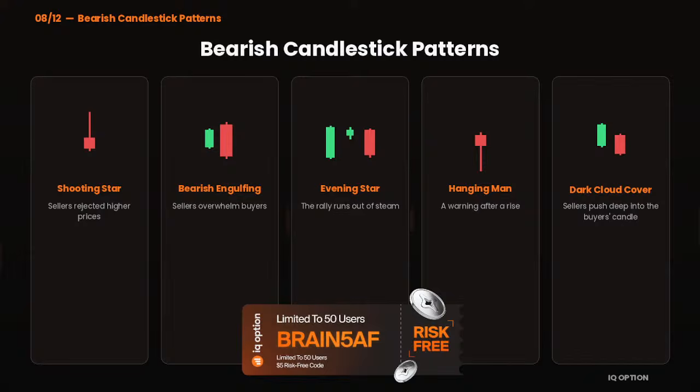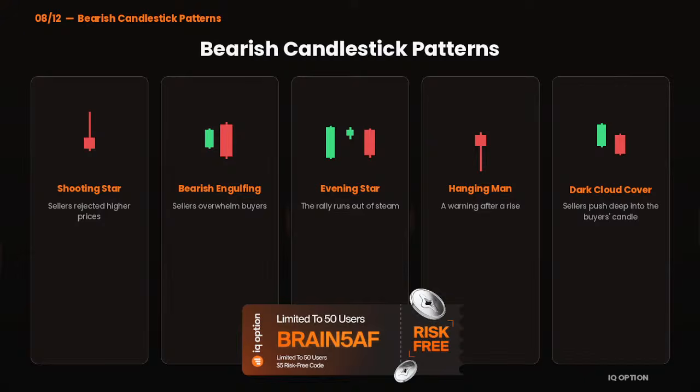So just like we can see, as I have already told you, it is just the mirror of the bullish patterns. So the dark cloud cover is a green candle followed by a red candle, the opposite of what we talked about before. It is a green candle followed by a red candle that opens even higher, but then pushes down and closes more than halfway into that green candle's body. And so it is a gentler cousin of the bearish engulfing, just like we talked before.